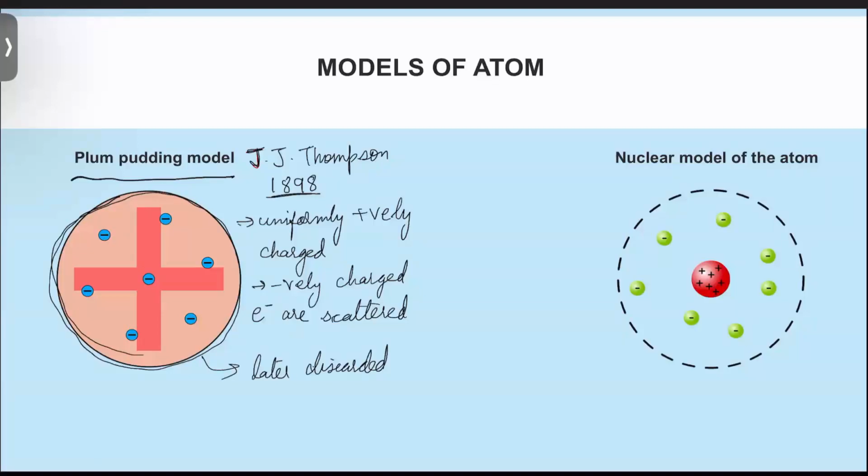This was given by Ernest Rutherford, who was a former student of J.J. Thomson himself. He was the one who put forward this nuclear model of the atom.